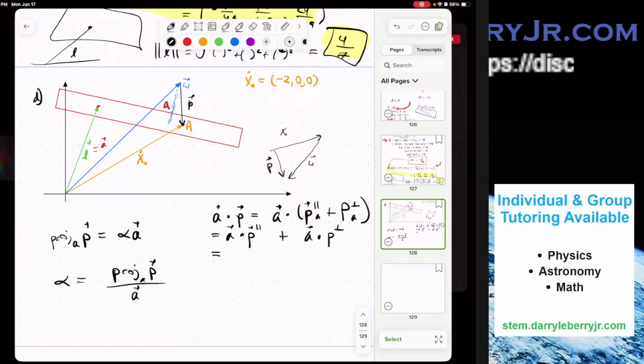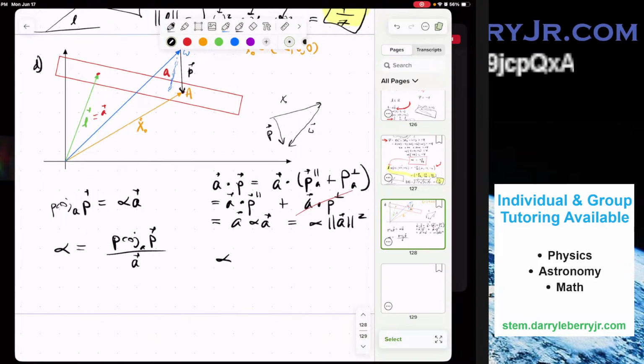What I can do here is the same thing we did earlier. The one that's perpendicular to A will be 0. So we have A dot some scalar of A, so that's scalar times the magnitude of A squared. So that means that alpha equals A dot P over the magnitude of A squared. All right.